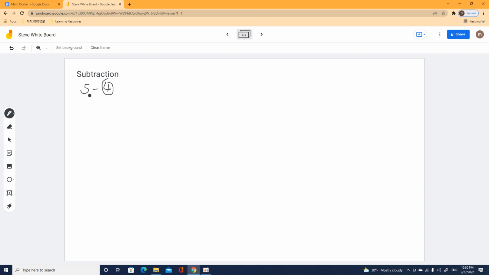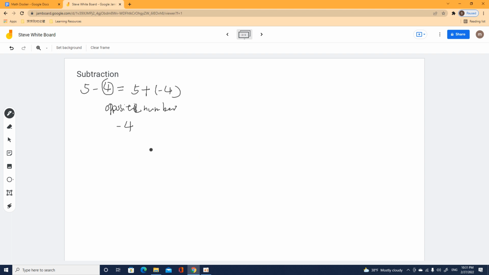Basically, you only need to find the opposite number. We know the opposite of 4 is negative 4. Basically, subtraction means you just need to add this number's opposite. That is enough. In this way, we transform the subtraction to addition.